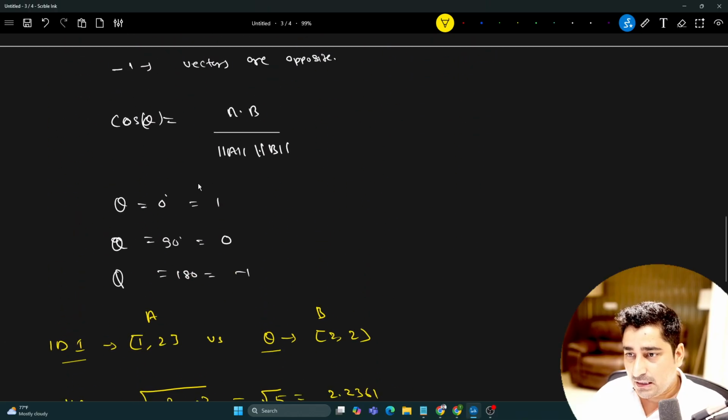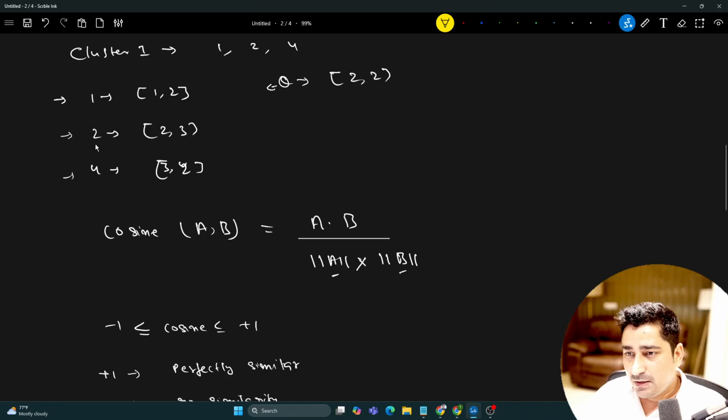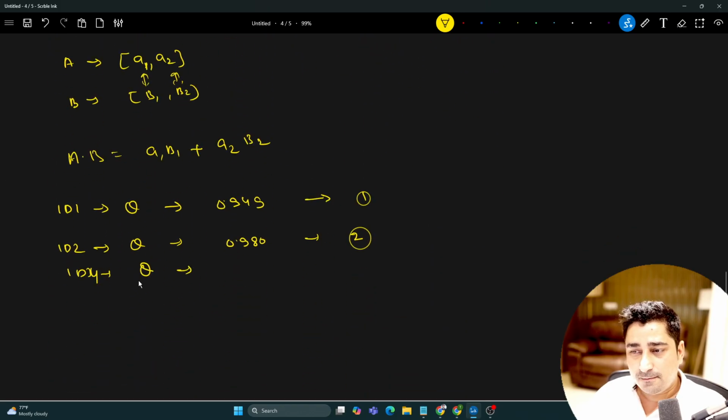We had ID4 as 3, 2. So what is the cosine similarity between these two, ID4 and the query? The cosine similarity is again going to be 0.980.